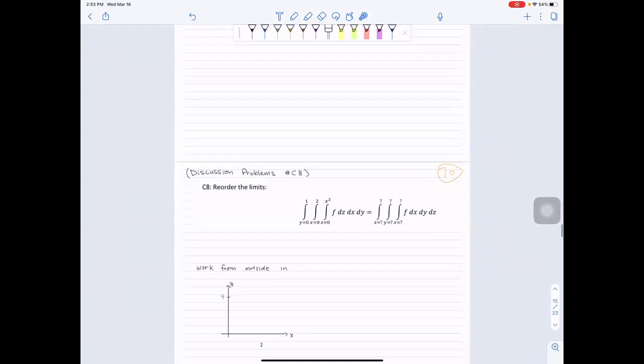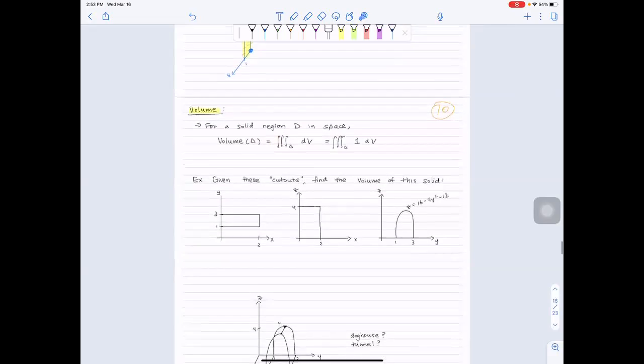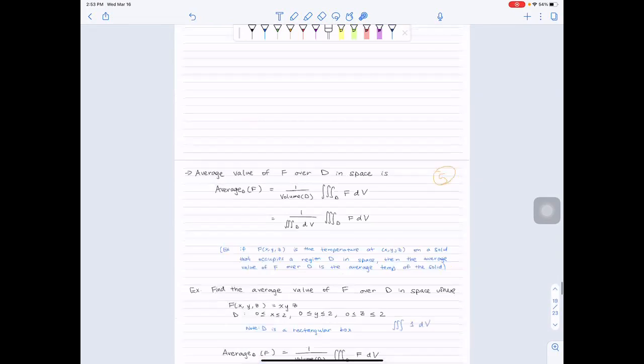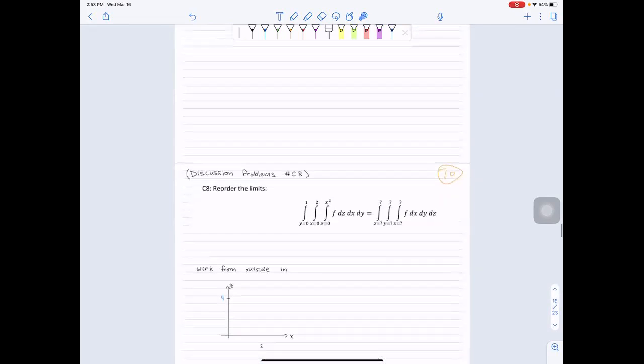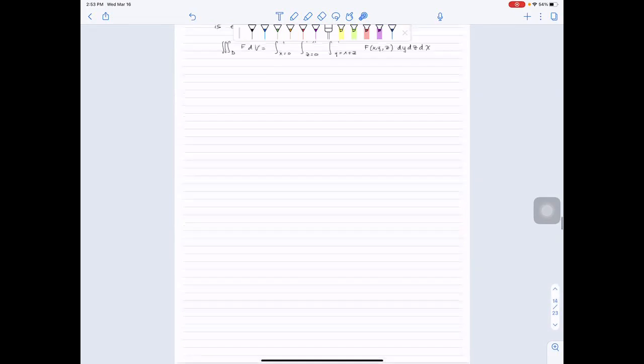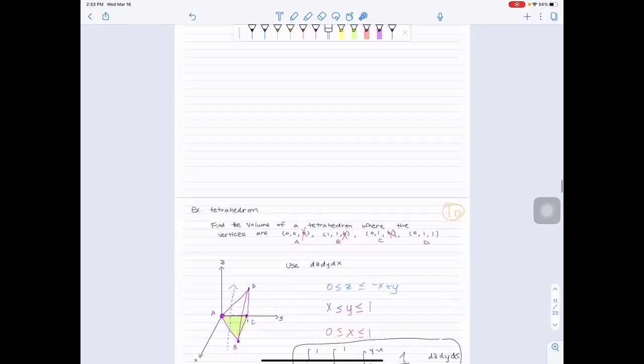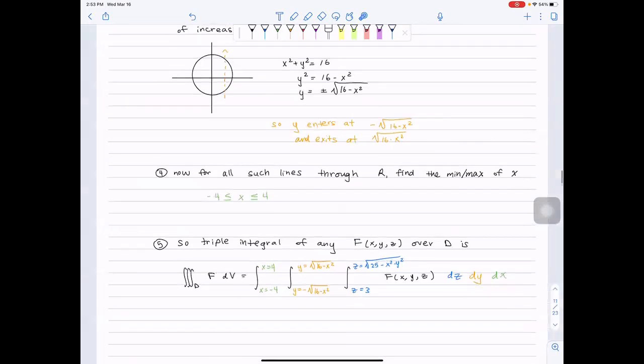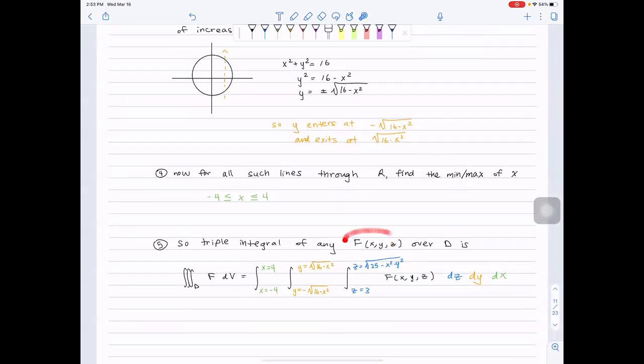If they said, let's see if I have an example. I don't have an example. They would say, find the triple integral of some function over a 3D region. So they would give you the function and say, find the integral of this over a 3D region. Then you know that you should put in the function.